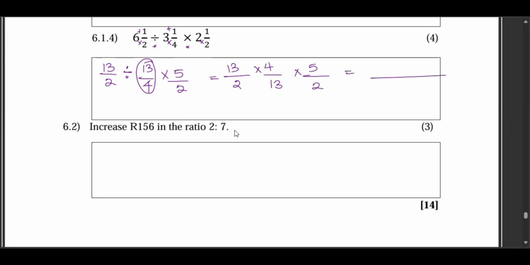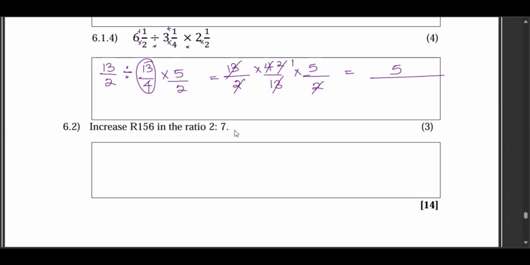What do we do? You can simplify or leave it the way it is. Anyway, let's simplify. Because when you look at it critically, this 13 will cancel with that since you multiply. The 2 will cancel with this, you remain with the 2. And this 2 will cancel with that, you remain with the 1. So the answer comes to 5.